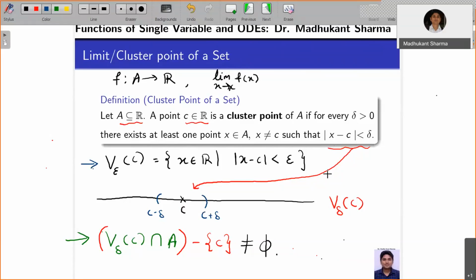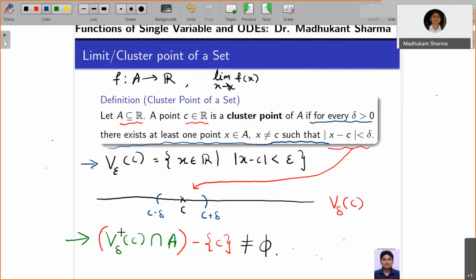So if you rewrite this in terms of delta, it means every delta neighborhood of c contains at least one point of A other than c. So this is the meaning of this last line: for every delta positive there exists at least one point x in A, x not equal to c, such that this happens. So this explicitly tells you that every delta neighborhood of c contains at least one point of A other than c.